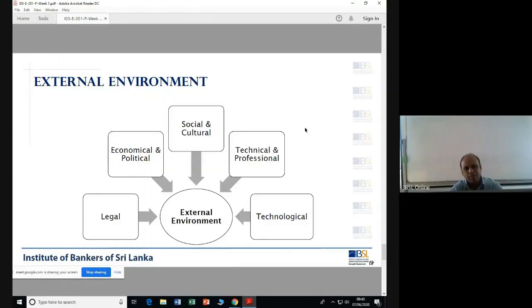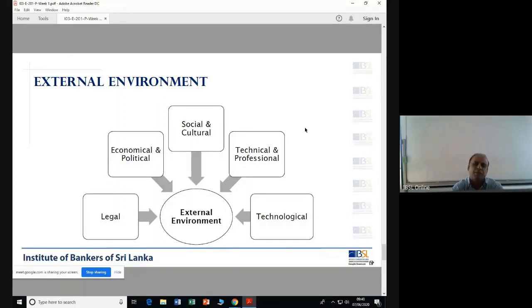Regulator means they look at it from the point of view of the legal or regulatory aspects of the organization. So the external environment is more towards these regulators and the government in terms of the legal aspect. Then we also have economic and political aspects.